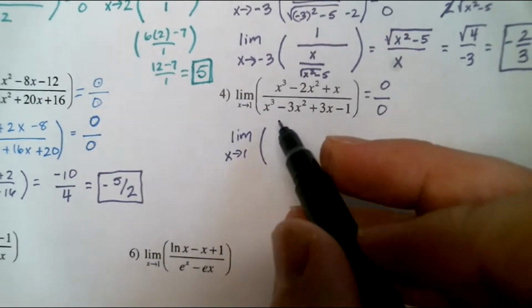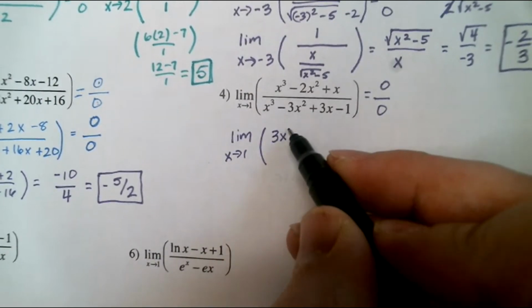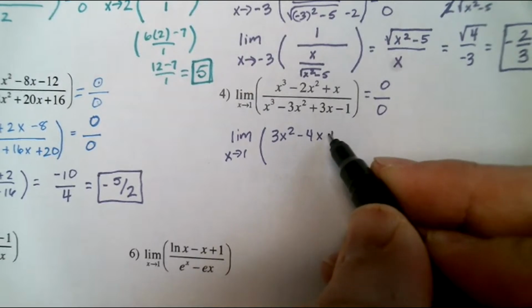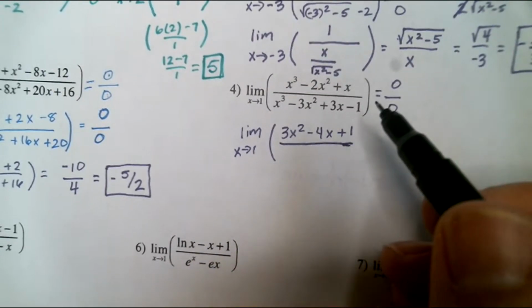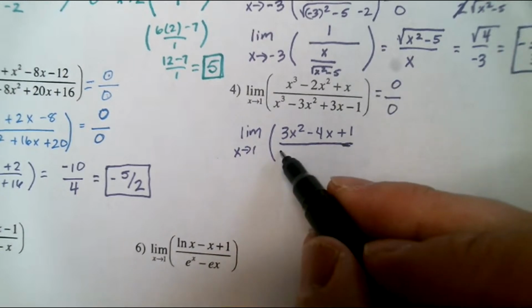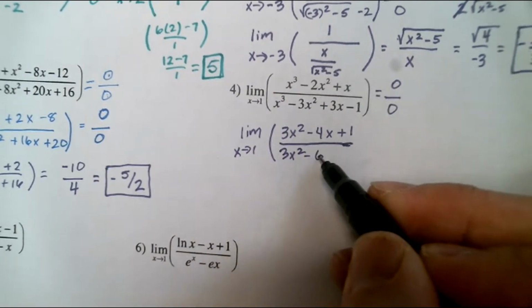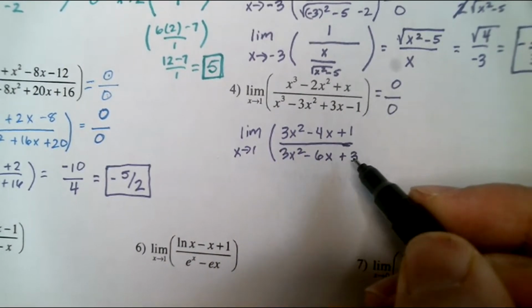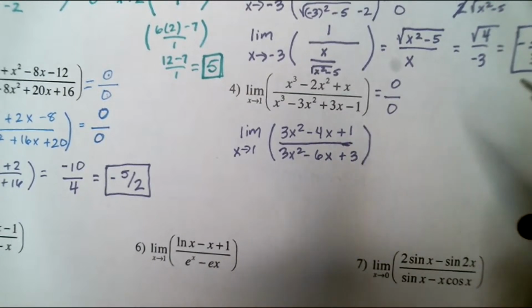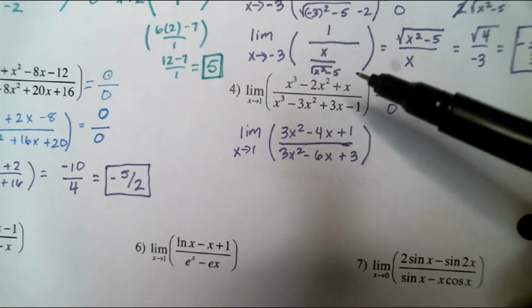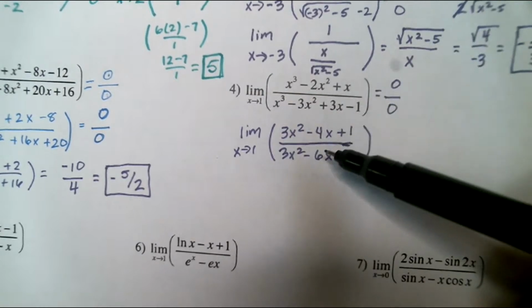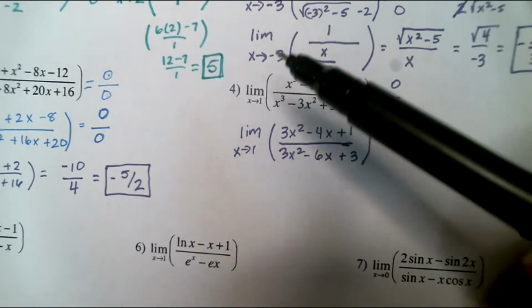Let's differentiate it. 3x squared minus 4x plus 1 over 3x squared minus 6x plus 3. And again, some of you actually said, I think Ian said factor here. And that wasn't a bad idea on that second one.